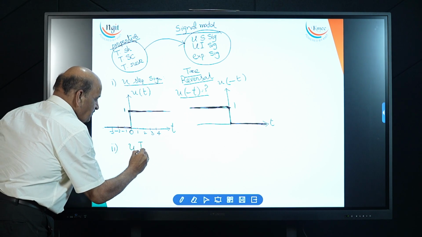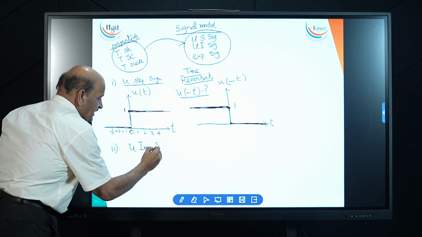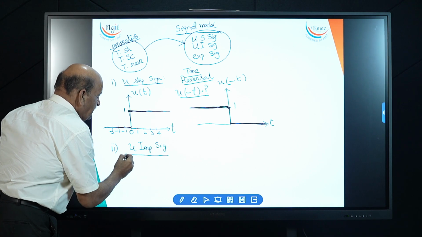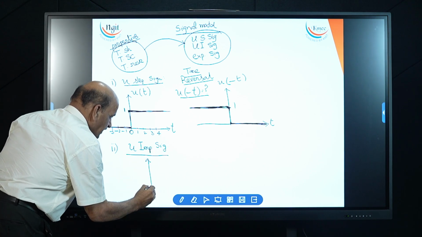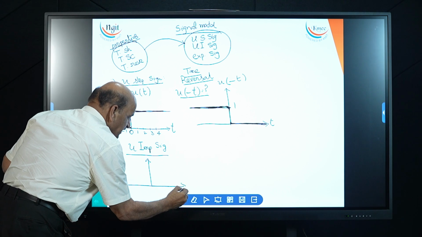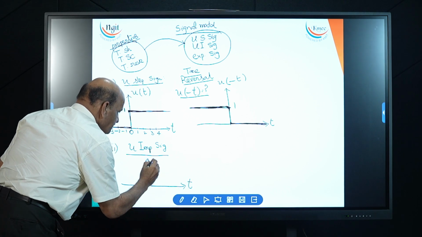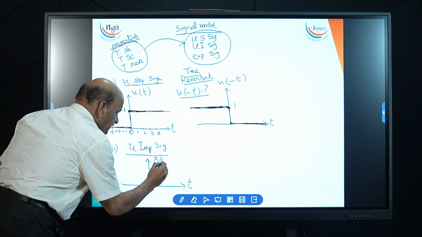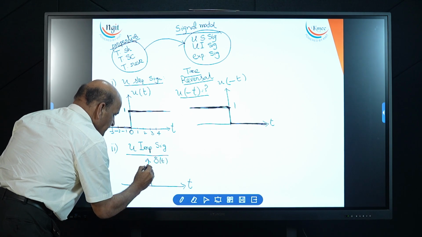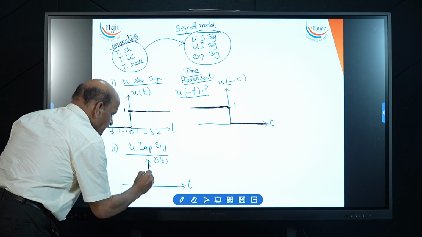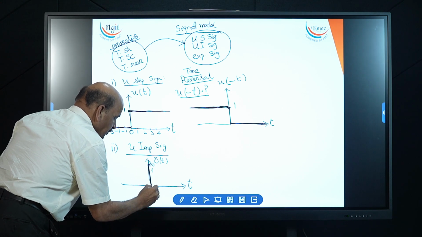Second one, the unit impulse signal. What is the unit impulse signal? For continuous time, this is t, and this is delta of t. It is a spike whose value is infinity, but the measuring value is equal to 1.